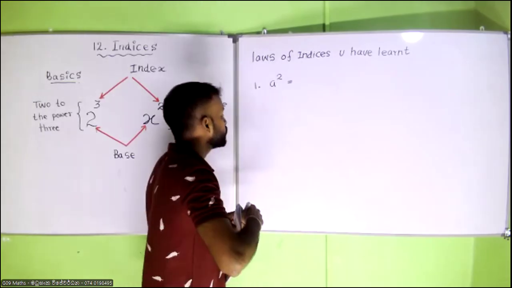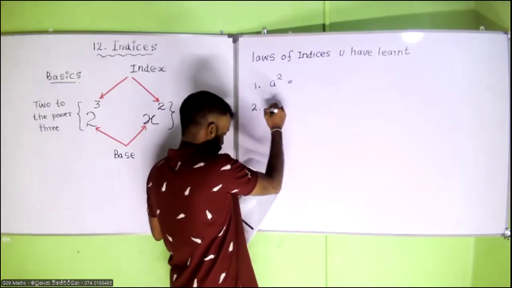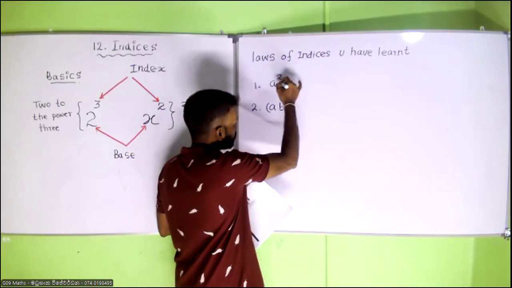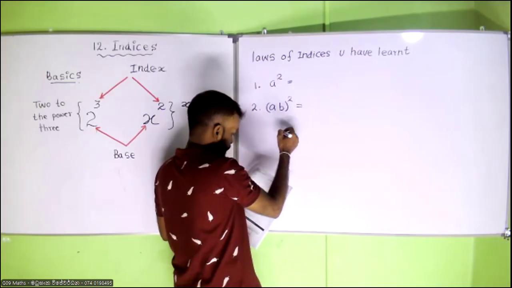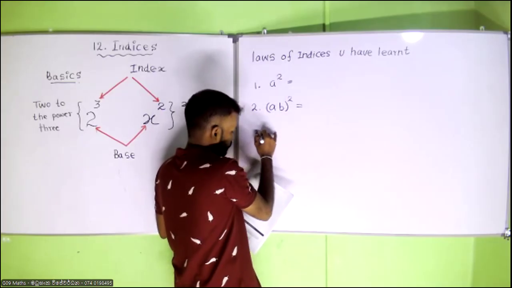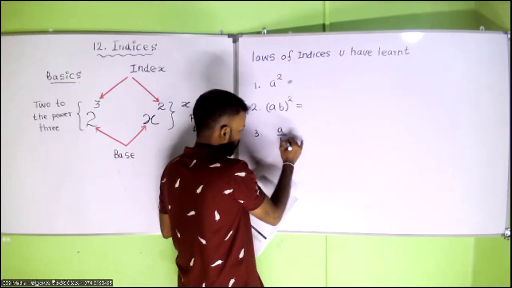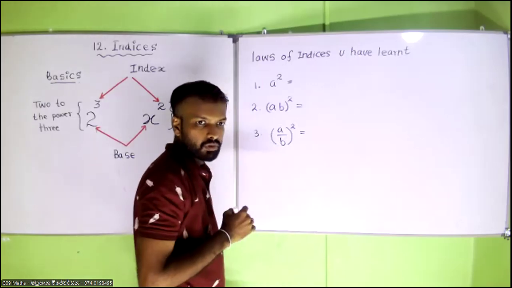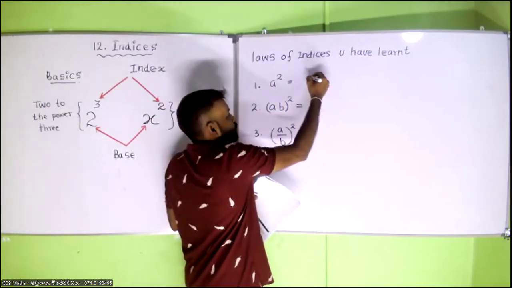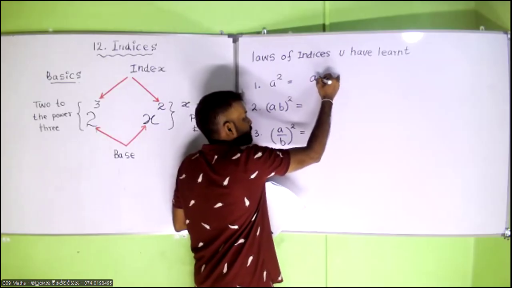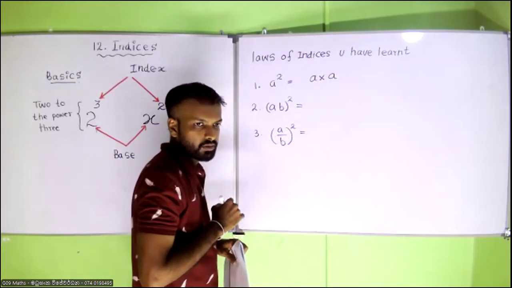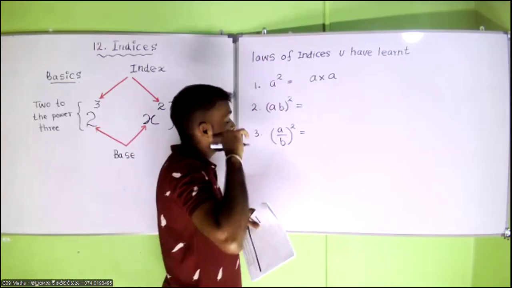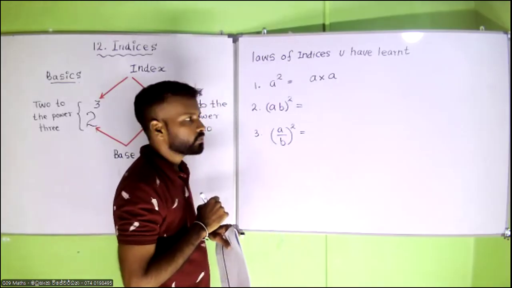Please tell me, one of you. None of you caught up with the answer. A to the power 2 can be expanded as A multiplied by A. That's very important. A square can be written down as A times A. That's the first thing you need to know.